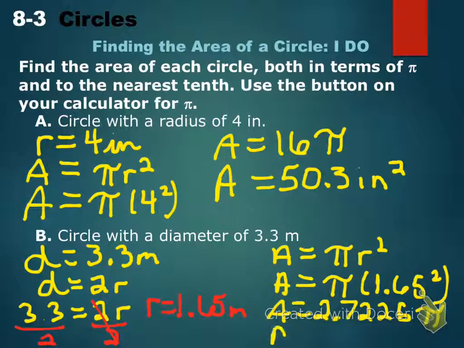Now if you finish that out using the button for pi on your calculator and rounding to the tenths, you're going to get 8.6 meters squared. Remember, we squared our units.